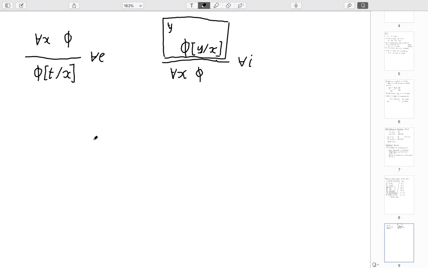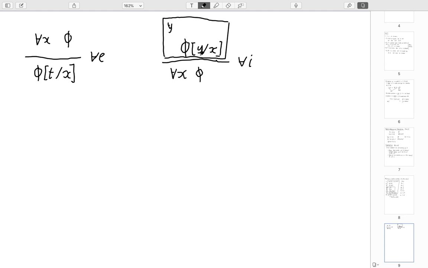Right, I want to point out two things about these rules. Firstly, notice there's not an exact symmetry in the substitutions. For all elimination, you can substitute an arbitrary term in, because phi holds for all x, so for any possible value we can describe, it holds for that value. So terms always describe a value, so any term will do. Whereas for universal introduction, to show that phi holds for all x, we need to show it holds for an arbitrary value, y.